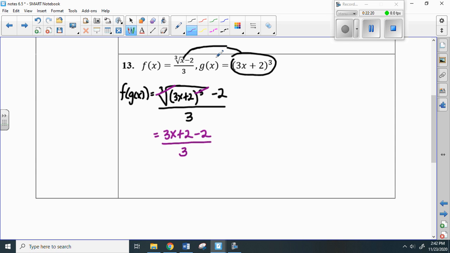Okay, then, again, you have to show me what disappears first, and you cannot divide this by 3 unless you're going to divide everything by 3. So let's get rid of the 2's first. Positive 2 and negative 2 cancel. Then the 3's can reduce. Okay, and you actually get x. Wonderful. So that means we definitely need to move on and try the other one.